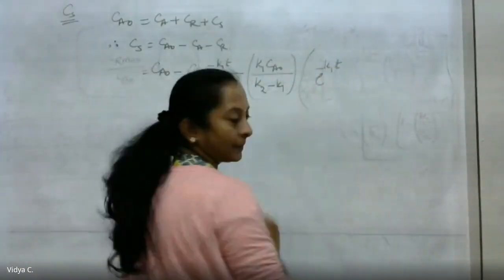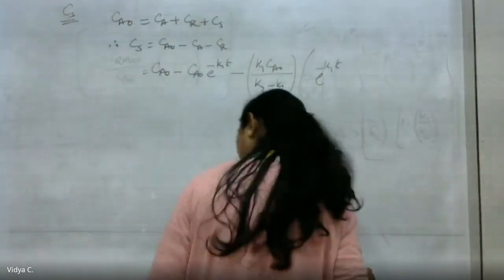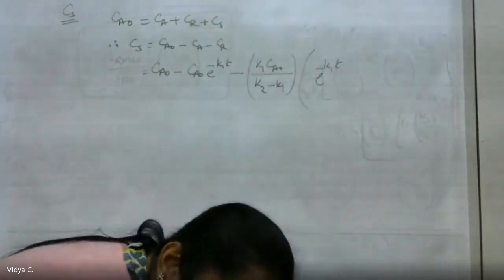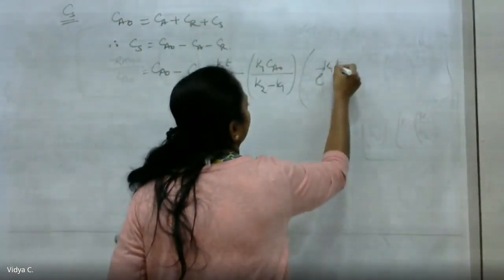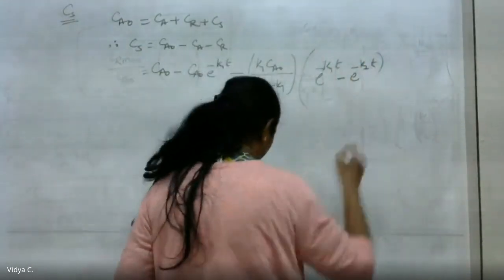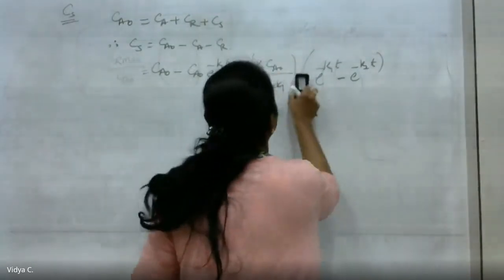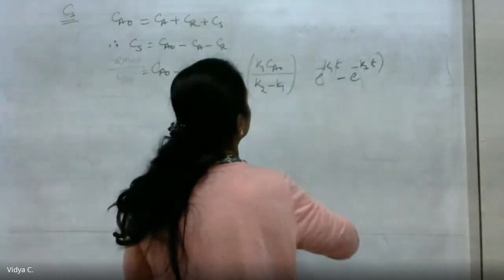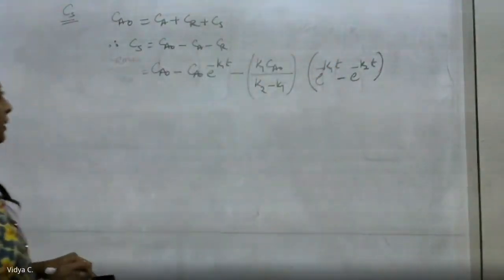Can you see? This is getting lighter. Marker here. Okay. Minus k1t minus e to the power of minus k2t. Okay.